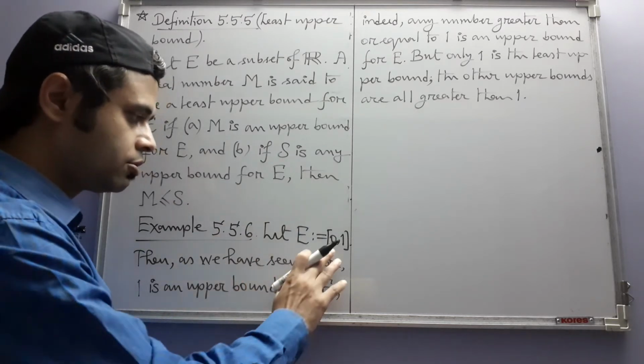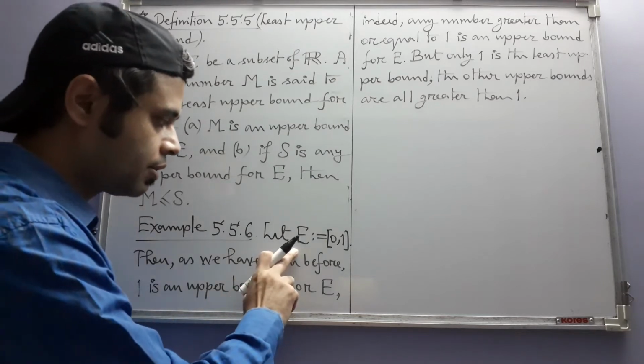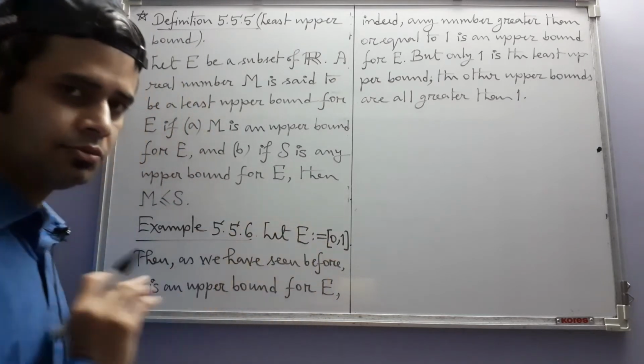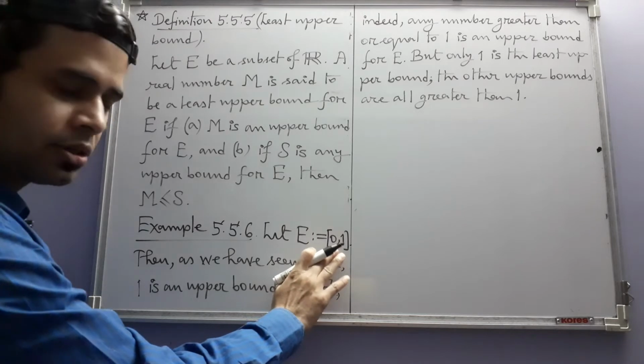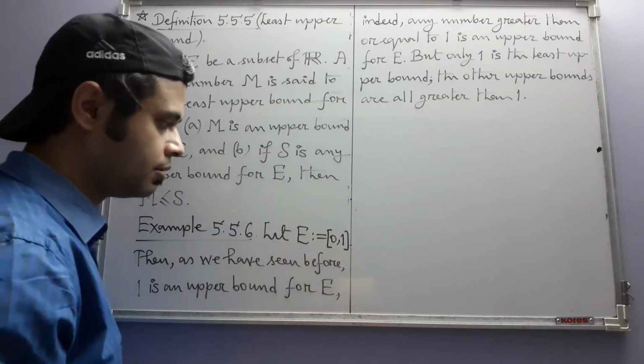There is no need to show that 1 is an upper bound. That follows directly from the definition of this particular closed interval.